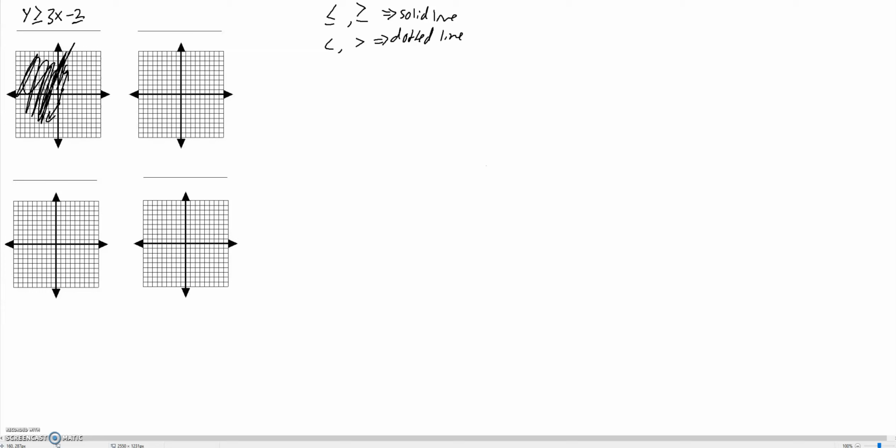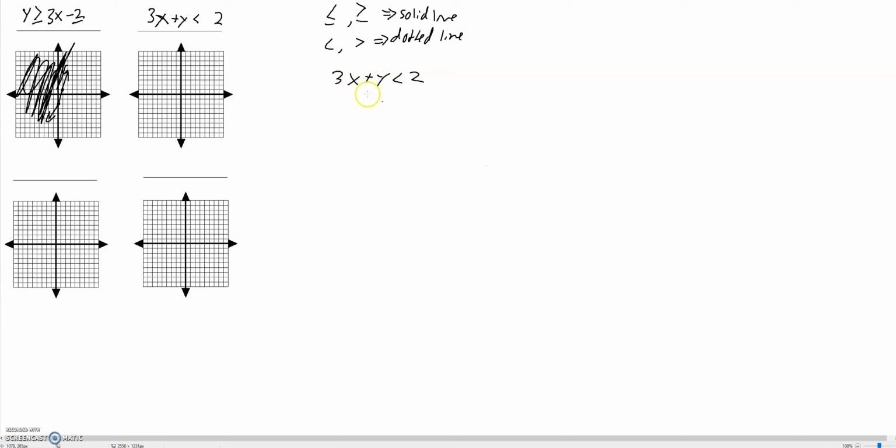Now, let's take a look at another one. Let's do one where they don't give it to us directly in slope-intercept form. Let's say 3x plus y is strictly less than 2. So I'm just going to rewrite it over here: 3x plus y is less than 2.